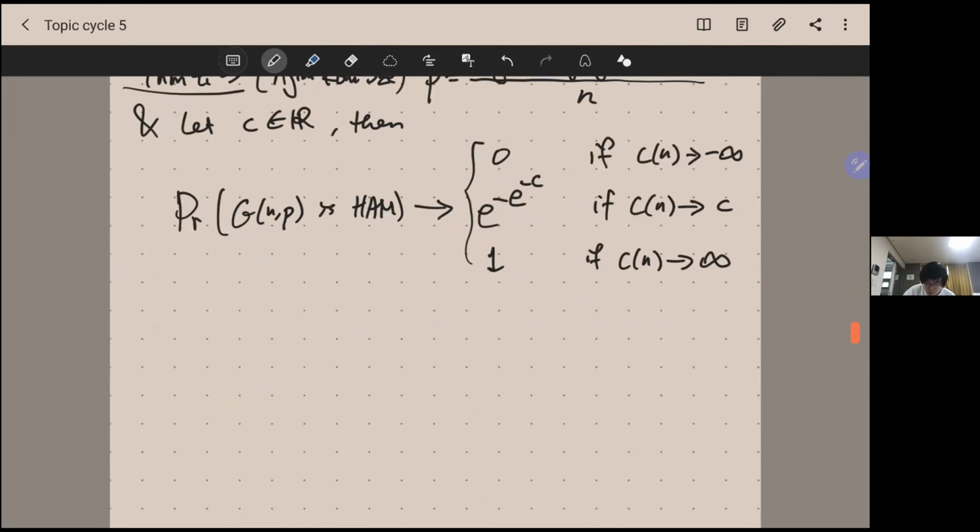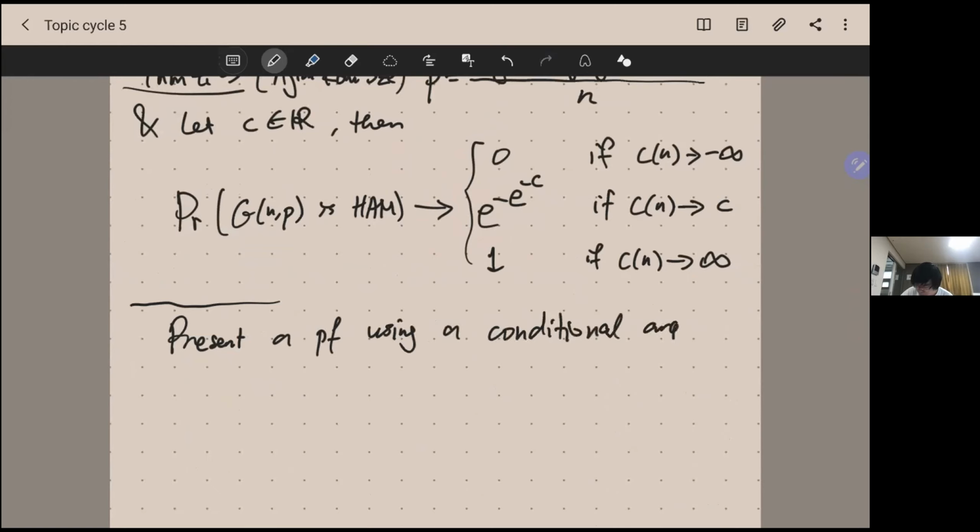Okay, so we present a proof using a conditional argument, by Lee and Sudakov.